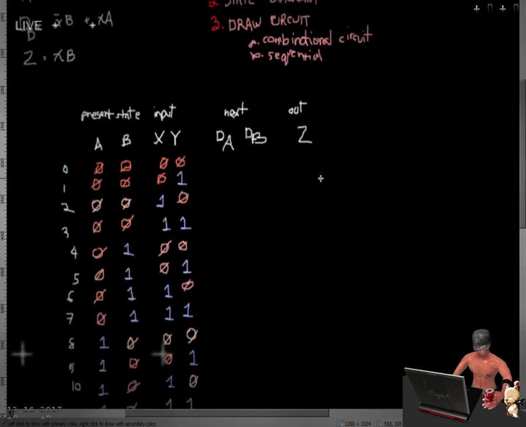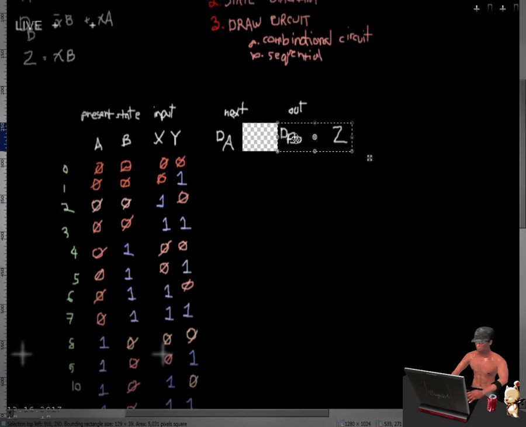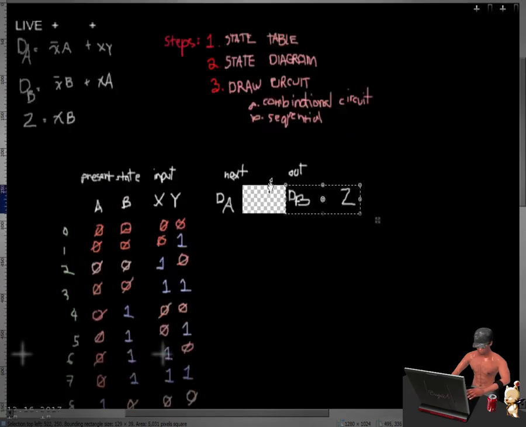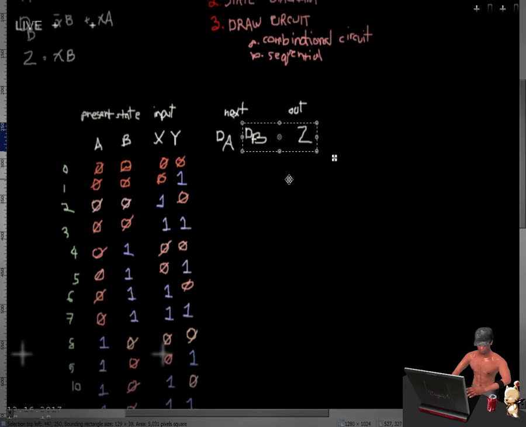Alright, so now this is where it gets really complicated, because now we're dealing with DA, and we have to stretch it out a little bit. Okay, you know what I'm going to do?